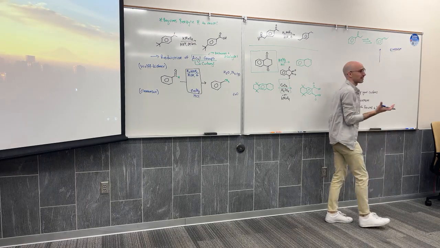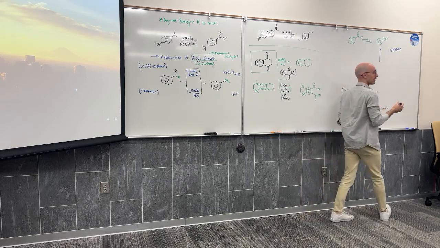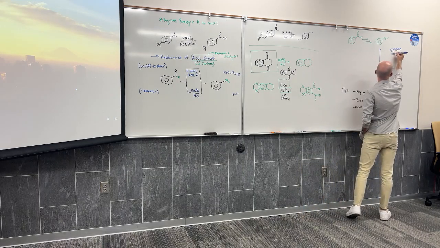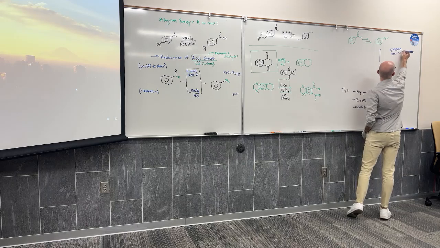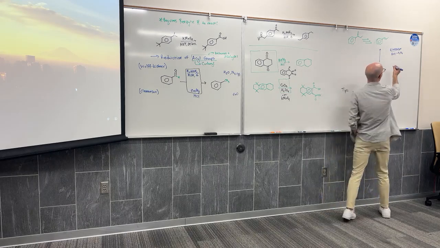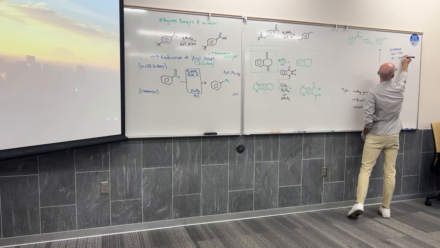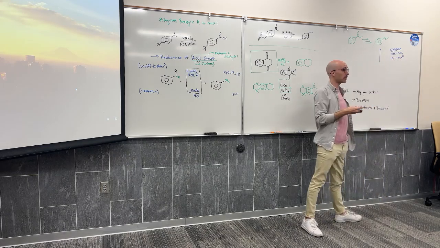And how many different ways are there to do elimination? There's a few. What if you have an alcohol elimination? You'll want to use sulfuric acid. But if you have an alkyl halide elimination, you want to use a base and maybe a base with heat.